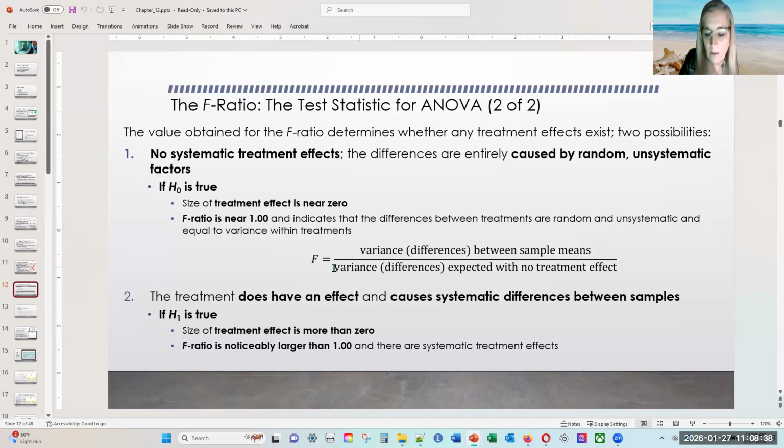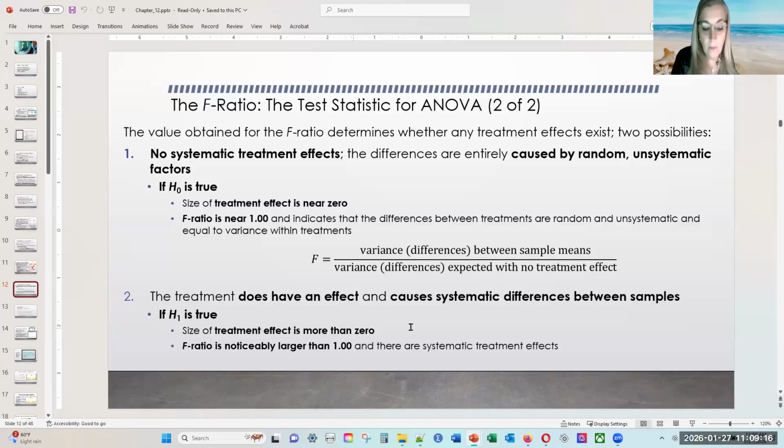It means if I look at all the variance within each group and I divide that into the amount of variance that exists between each group, and it's exactly the same, that means there's no differences between your groups. So if the F ratio is near 1, it indicates that the differences between treatments are random and unsystematic and equal to the amount of variance that exists within the treatments.